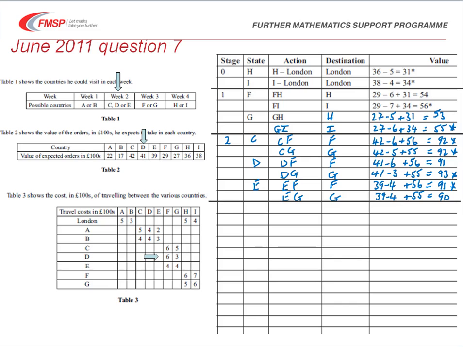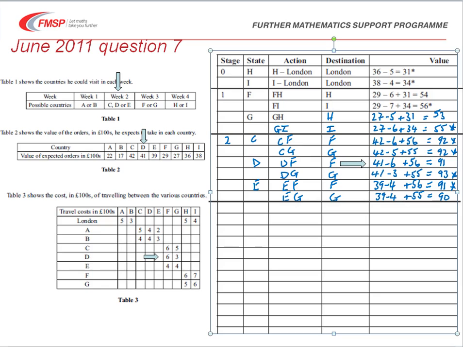So for example, if we look at the first line for D, then we have an order value of 41 minus 6, the travel cost, and that takes us to F. So looking in stage 1 for F, the current maximum value there is 56. So 41 minus 6 plus 56, giving us a value of 91. So for each of those different actions in stage 2, we've calculated the maximum values and indicated with an asterisk.